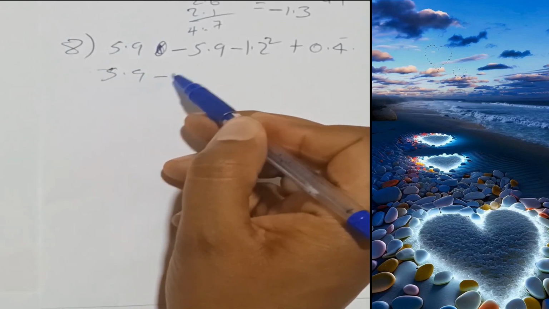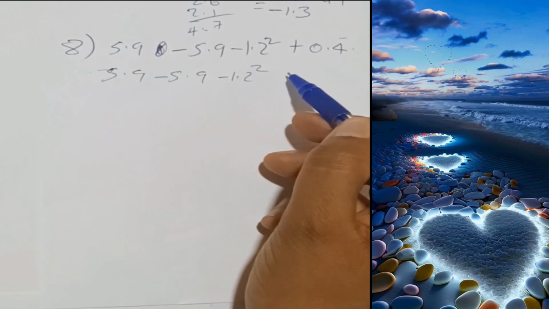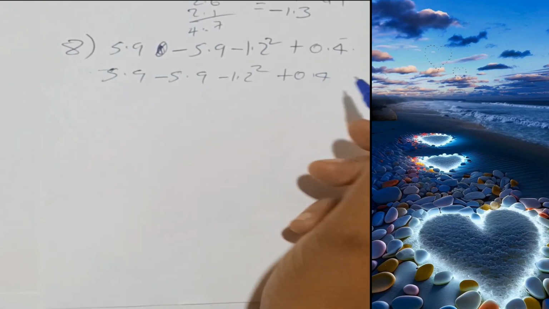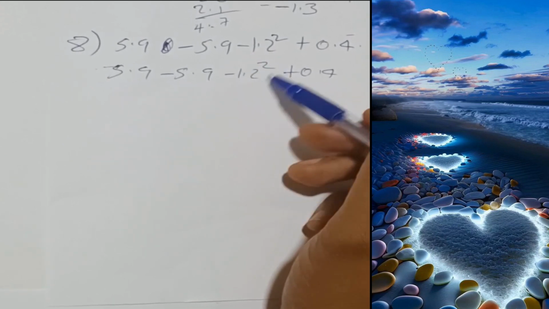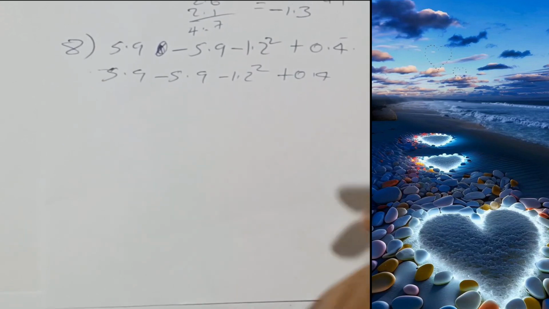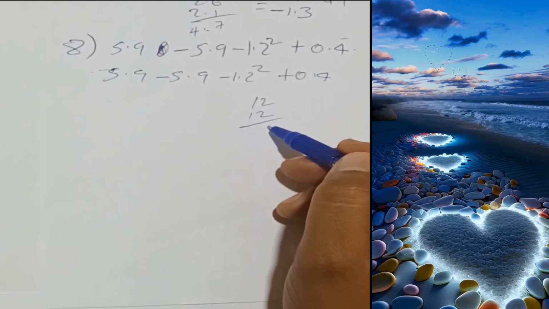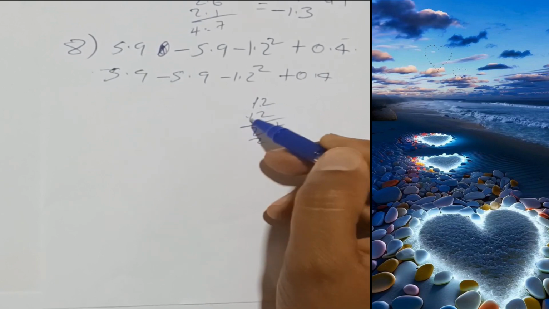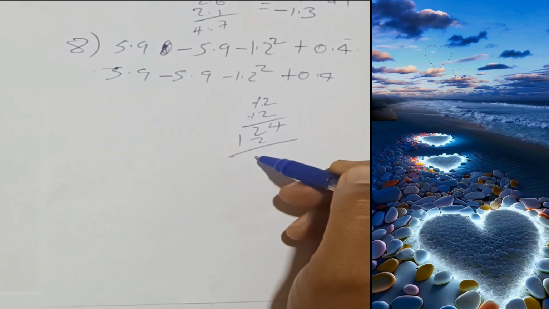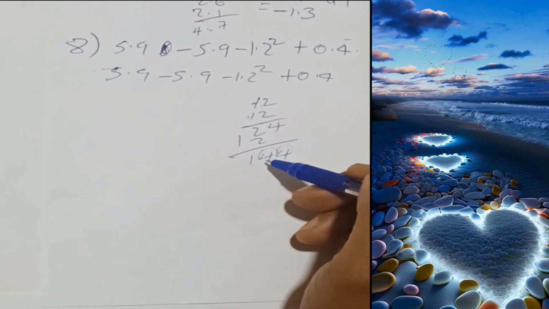5.9 minus 5.9 minus 1.2 squared plus 0.4. So what we did here, we multiply 1.2 times 1.2, which is equal to 12 times 12, and then 2 times 2, 4, 2 times 1, 2, 1 times 2, 2, 1, which is equal to 144, and I have two decimal places, 1.44.